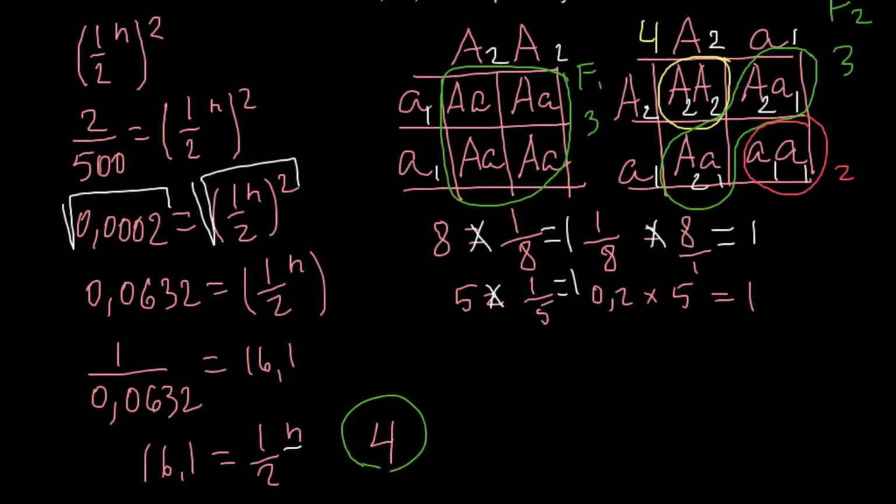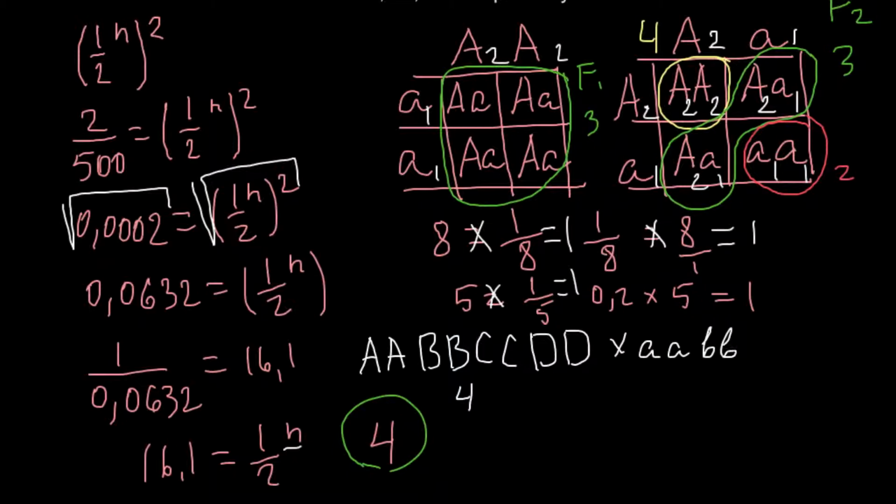For example, the genotype of parent 1 can be capital A, capital A, capital B, capital B, capital C, capital C, capital D, capital D. And this would equal 4 inches. Then we cross with another parent that is going to have small a, small a, small b, small b, small c, small c, and small d, small d genotype.